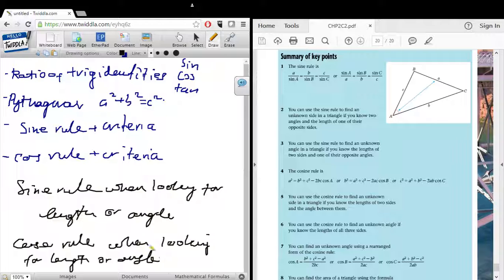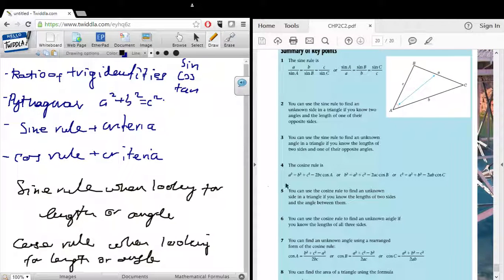So this is just a brief outline of what's written here in more detail.